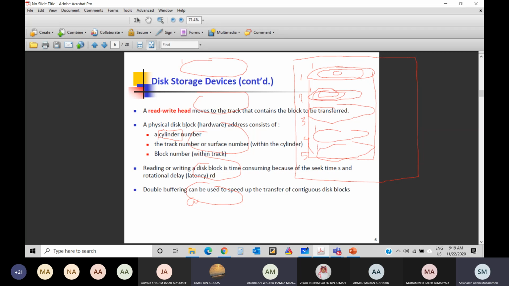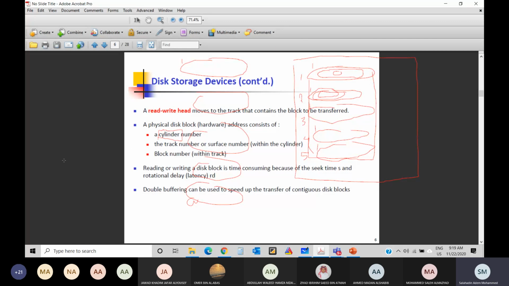So per disk means always track number 0 in every CD together we call cylinder number 0. So when I tell you cylinder number 0, you have to understand it is track number 0 in each and every CD you have. The next one is cylinder number 1, then cylinder number 2, and so on. So cylinder is a logical thing, and you should just understand it.